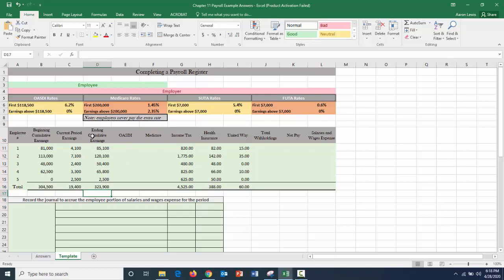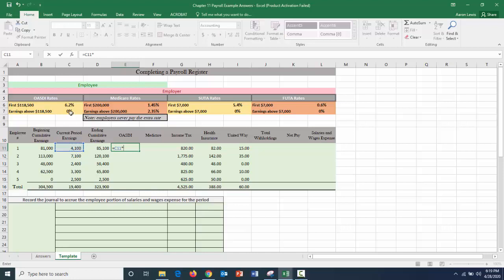Now we can start figuring out our taxes. So OASD, as we see up here in our rates, is 6.2% of the first $118,500 in earnings. For employee 1, made $4,100 during the period, but their ending cumulative earnings are nowhere near that threshold cutoff, which means that $4,100 is going to get taxed at 6.2%.